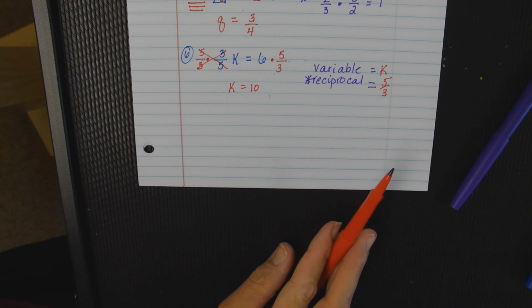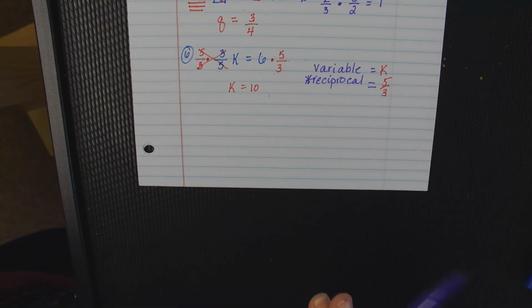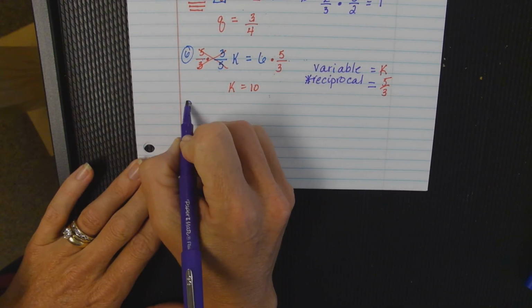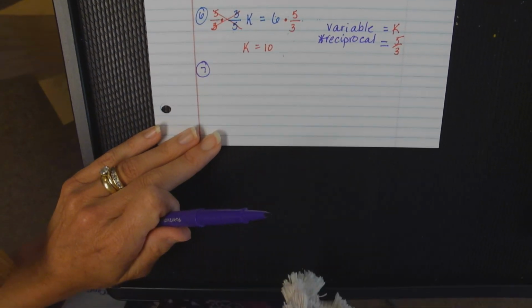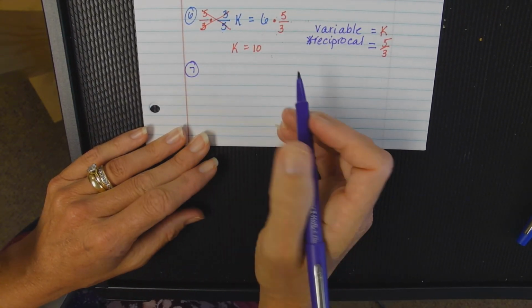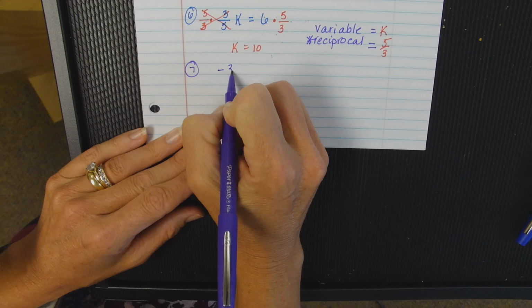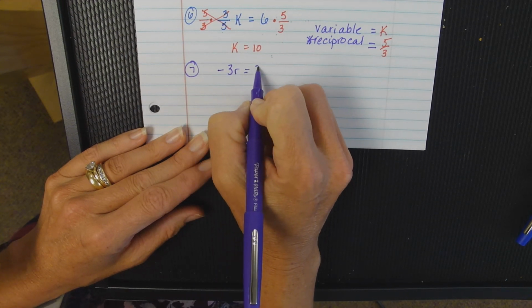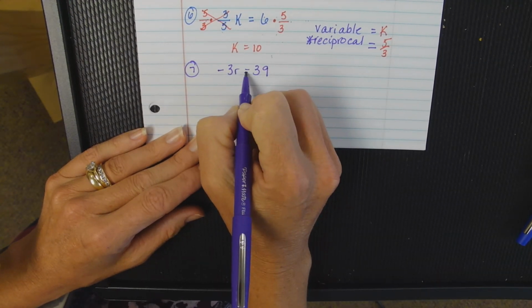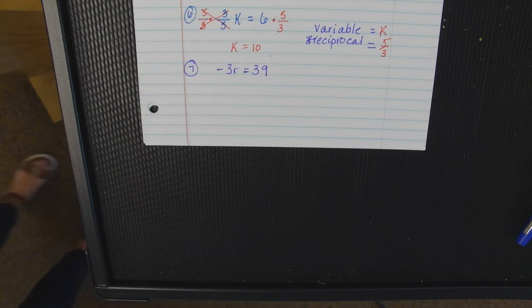All right, I have one more problem and then I'm going to give you some classwork to work on. Look at number 7. I'm about to run out of room, but I'm going to use this last little bit. In my opinion, I think these might be the easiest of all. Number 7, -3R equals 39. What's my variable here?